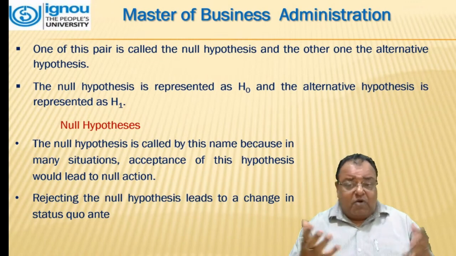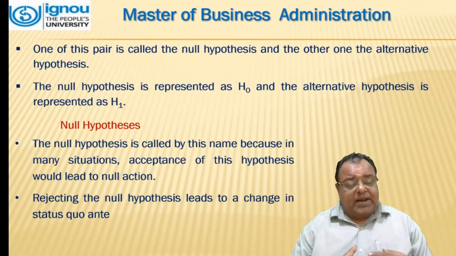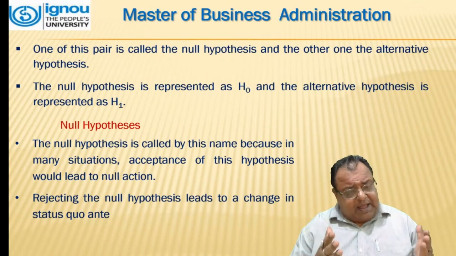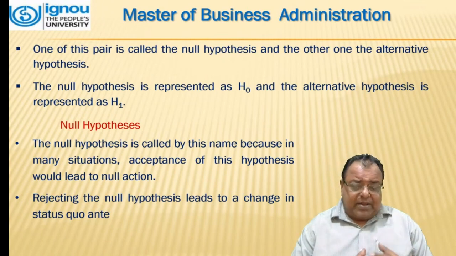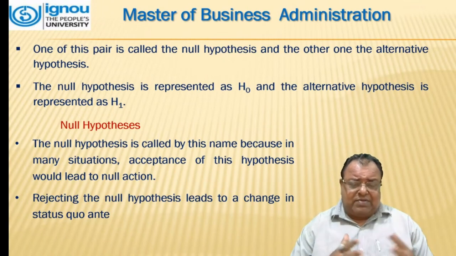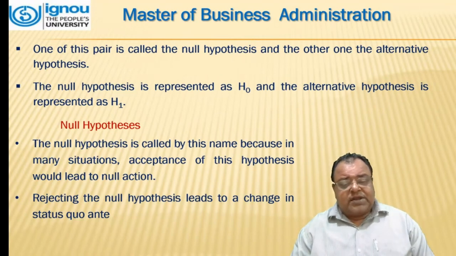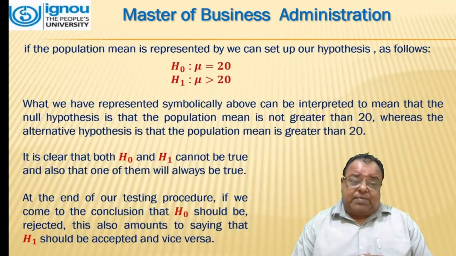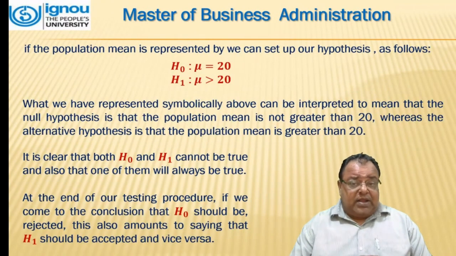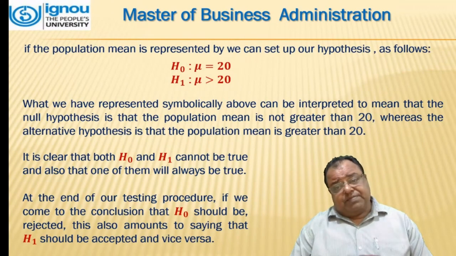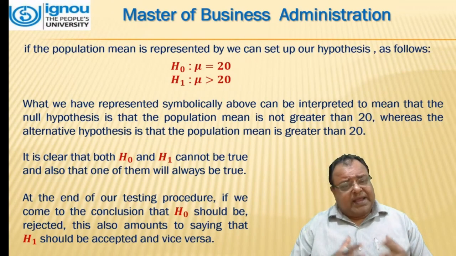Now, what is actually meant by null hypothesis? The null hypothesis is called by its name because in many situations, acceptance of this hypothesis would lead to null action. Rejecting the null hypothesis leads to a change in status quo. If the population mean is represented by mu, we can set up our hypothesis as H0 and H1.